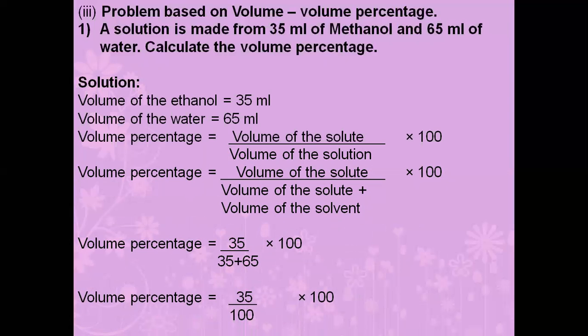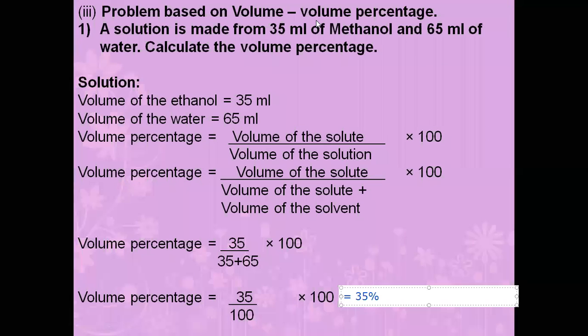The 100 cancels, so the answer is 35%. The volume percentage is 35%. We can't put the percentage symbol on solubility, but when we find the volume percentage or mass percentage, we put the percentage symbol.